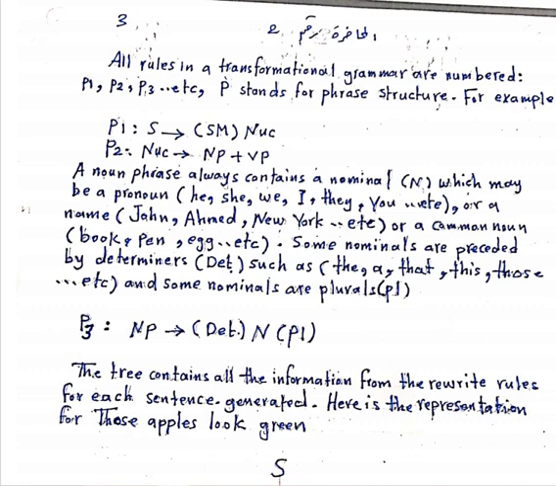So in phrase structure 1, in this construction, our sentence will be sentence, modifier, noun class. As we said, the sentence consists of two parts, noun phrase and verb phrase.